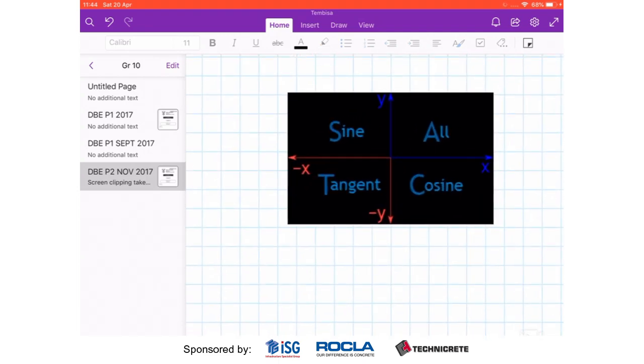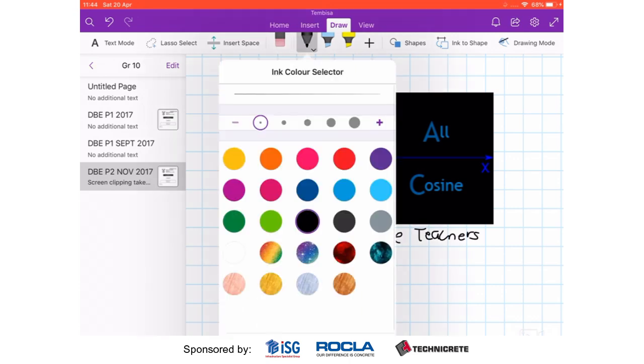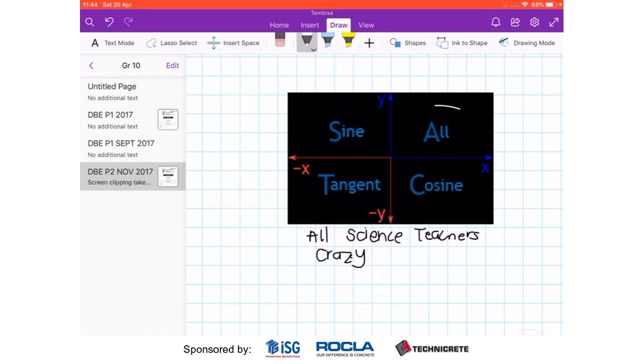So this is very important, and I found a cute rhyme to help you to remember it. The rhyme is: All Science Teachers Are Crazy. What this means is that in the first quadrant, all the signs are positive.